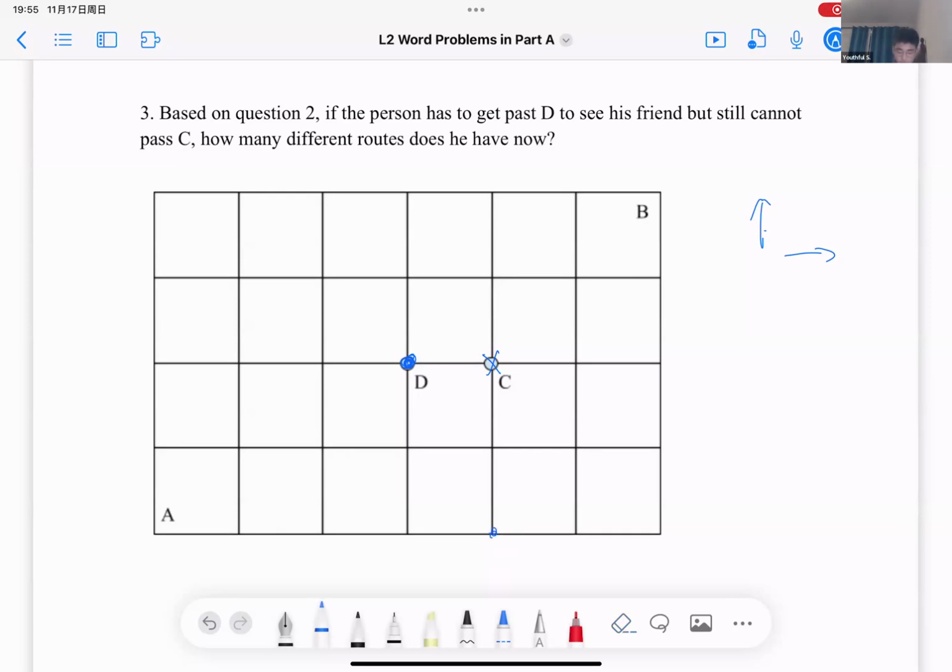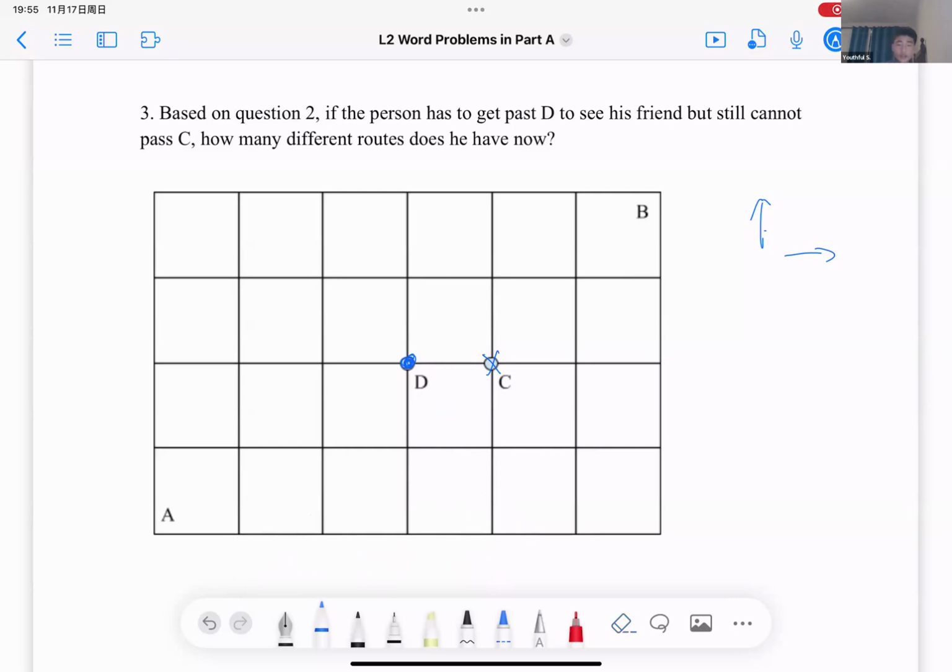So if you get to this point, you're only going right. You are not going left and then up for D. Know what I mean? So you cannot go in the other direction in order to get past D.